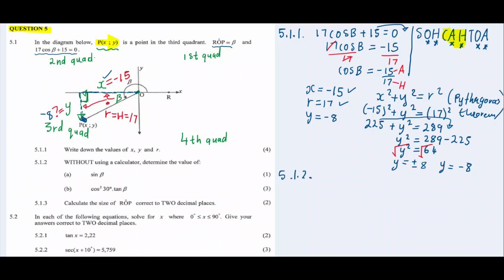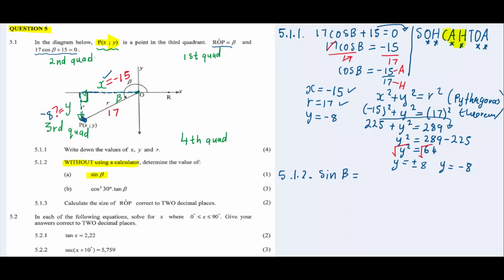So let's quickly move on to the next question, 5.1.2. It says without using the calculator, determine the value of sine beta, right? Based on the triangle here, we will see that we have all the sides known by now.